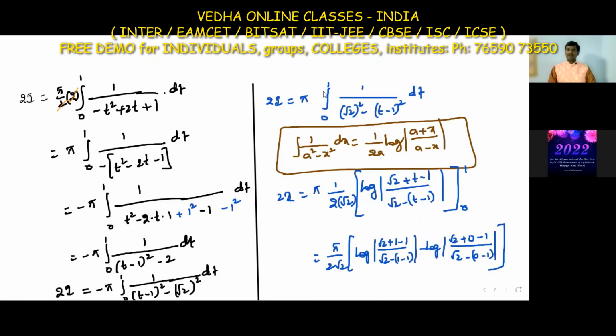Here we can cancel plus 1 and minus 1, so we get root 2 by root 2.